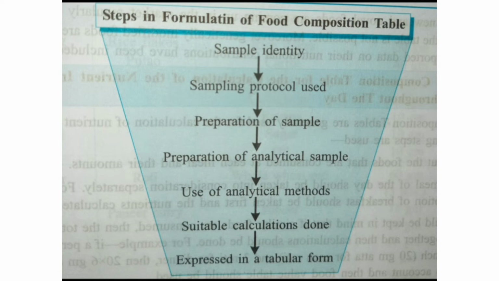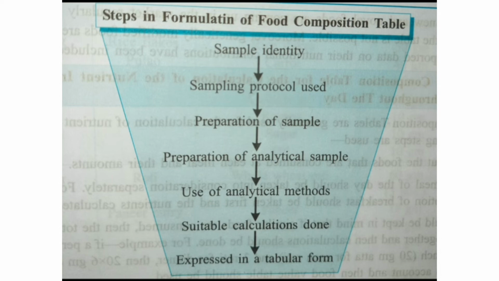The tables are structured on the basis of food groups. That is, the food values are given according to the food groups in the country, and suitable methods are used according to the need of the people, that is, for whom we are making the diet chart.